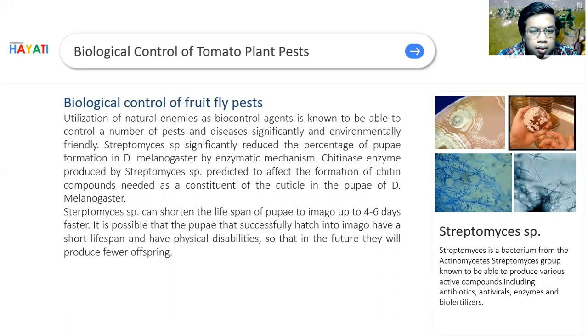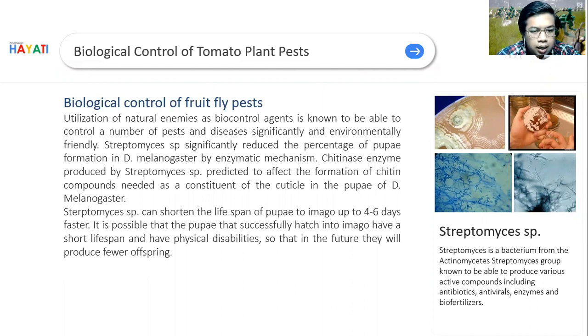Streptomyces sp. significantly reduced the percentage of pupae formation in the D. melanogaster by enzymatic mechanism. Chitinase enzyme produced by Streptomyces species is predicted to affect the formation of chitin compounds needed as a constituent of the cuticle in the pupae of the D. melanogaster.